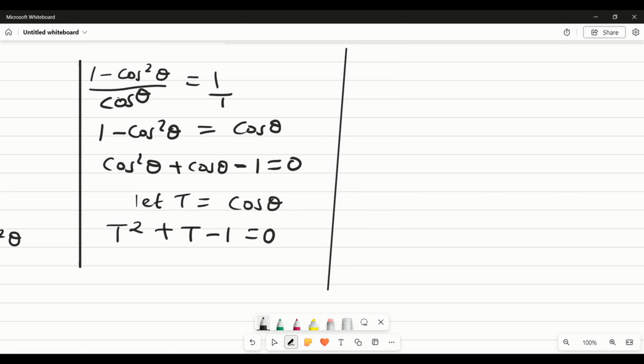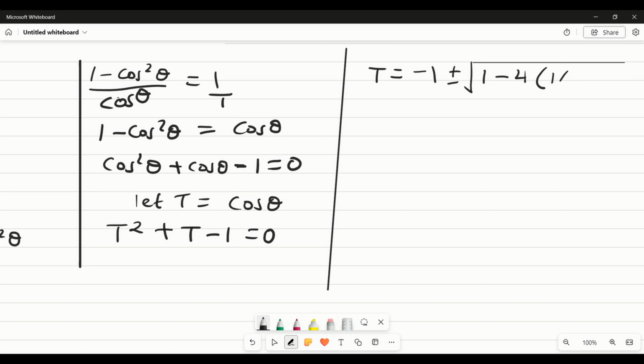Using the quadratic formula, the value of t is negative b, which is negative 1, since b is the coefficient of t, which is 1. So we take negative 1 plus or minus the square root of 1 squared, that is 1, minus 4 times a times c. Our a is 1, our c is negative 1.